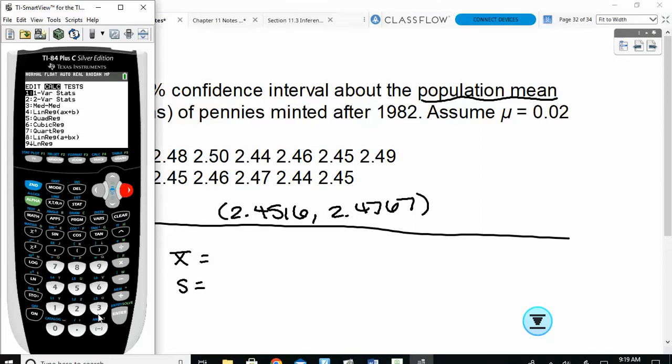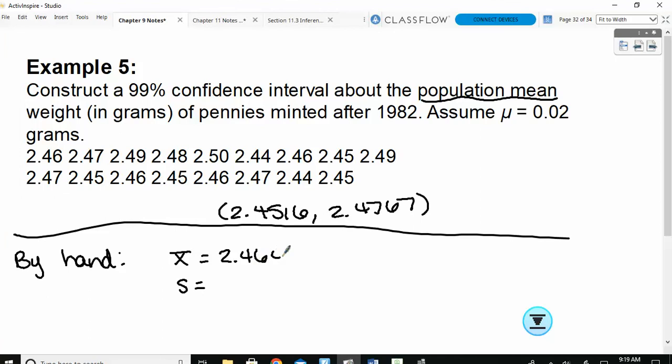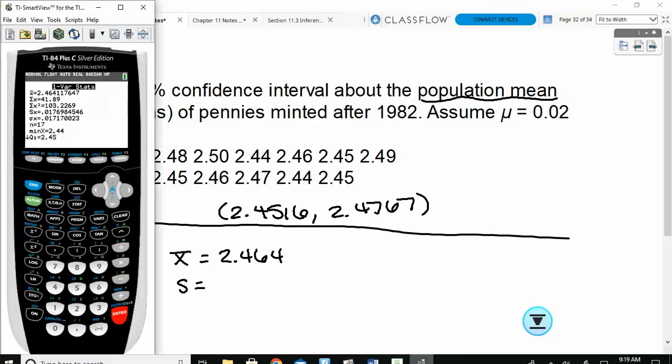So if we calculate one variable statistics, x bar is 2.464, standard deviation 0.0177.